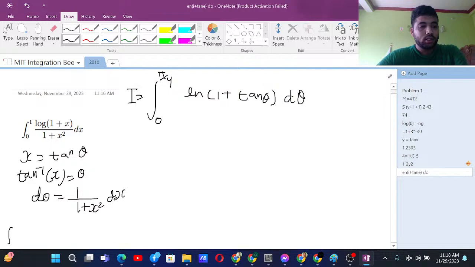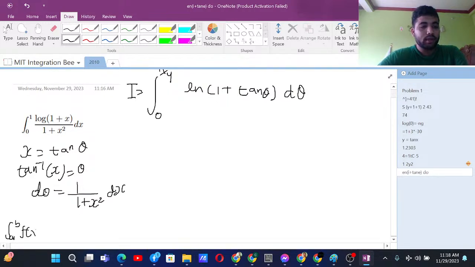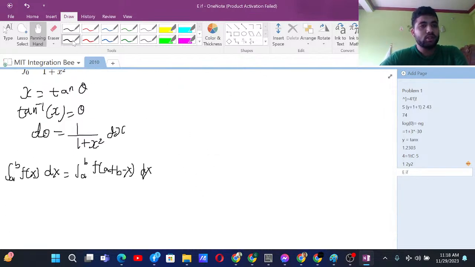we will use an identity that says the integral from a to b of f of x dx is equal to the integral from a to b of f of a plus b minus x dx. This is also known as King's rule. If you want to see why this holds true, take the antiderivative, capital F of x.